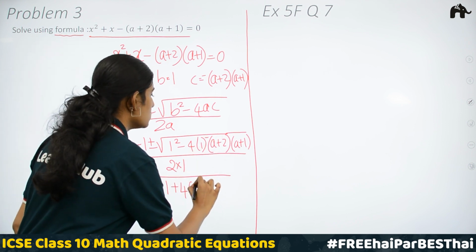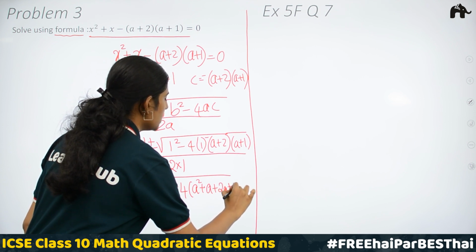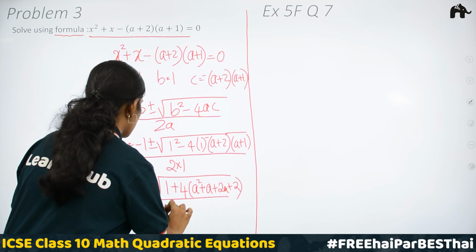We get a square plus a plus 2a plus 2, whole divided by 2.